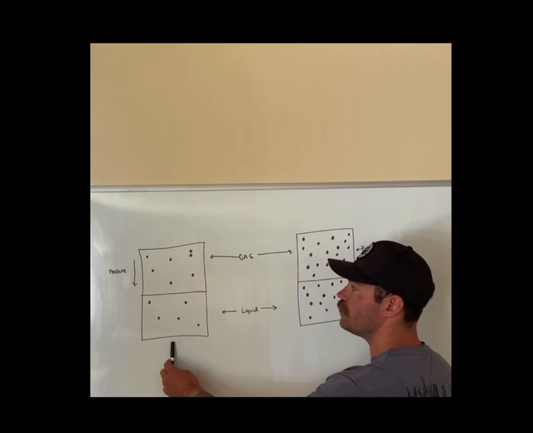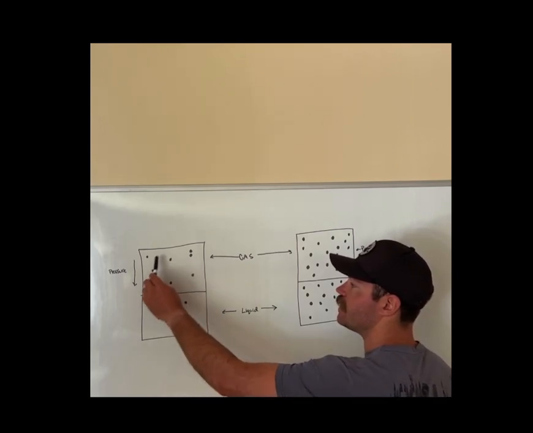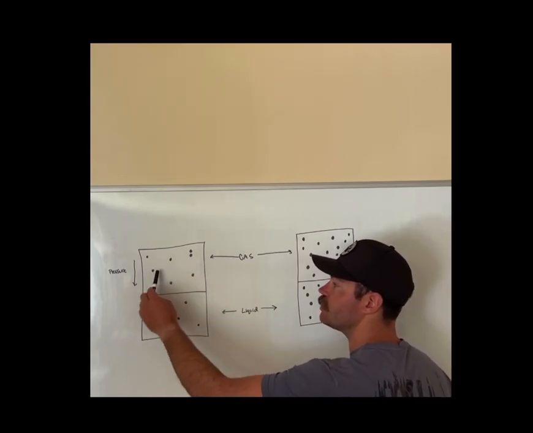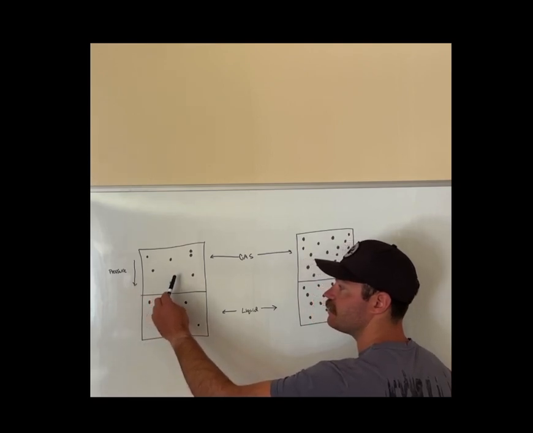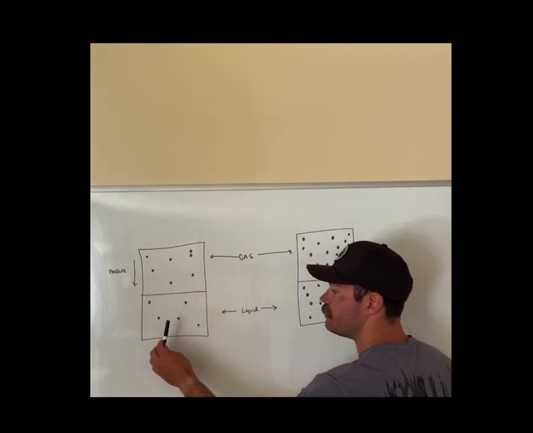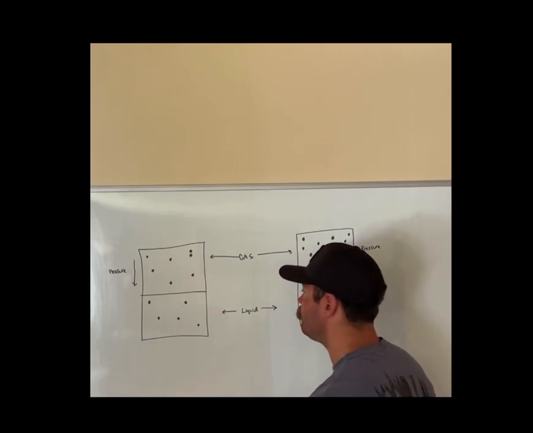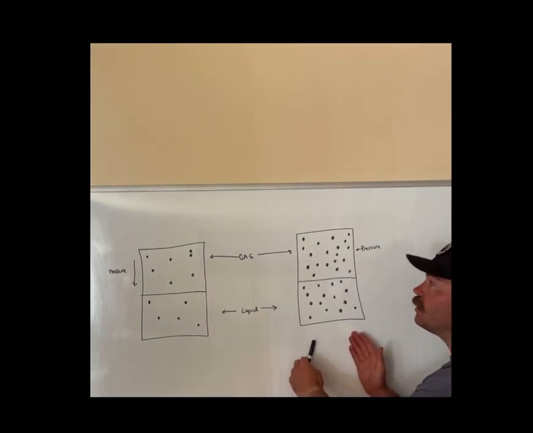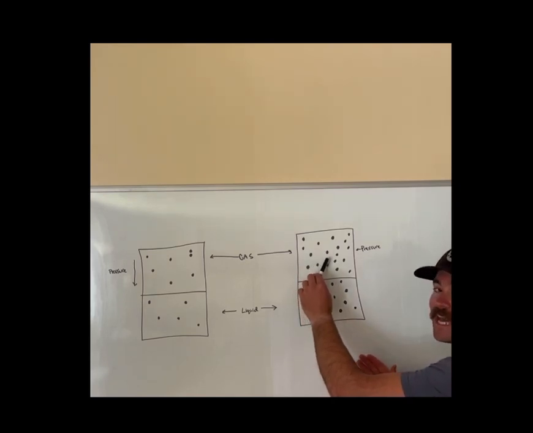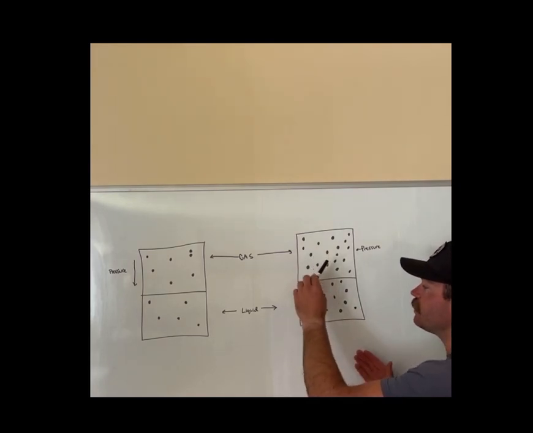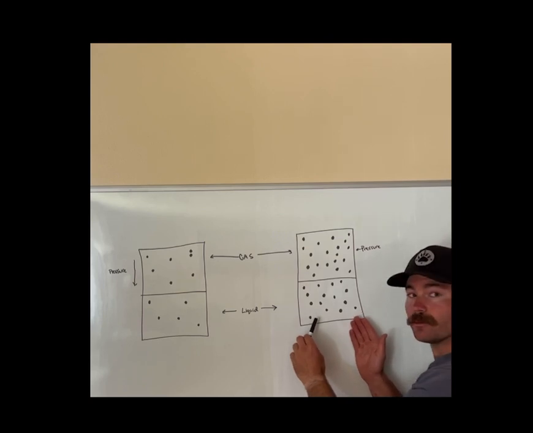In container one over here, we see that there is a lower pressure of gas, meaning that the amount of gas absorbed in the liquid will be lower as well. In container two, we have a higher pressure of gas, meaning that there is more gas absorbed in the liquid. Let's take a look at what happens when you go from high to low pressure.